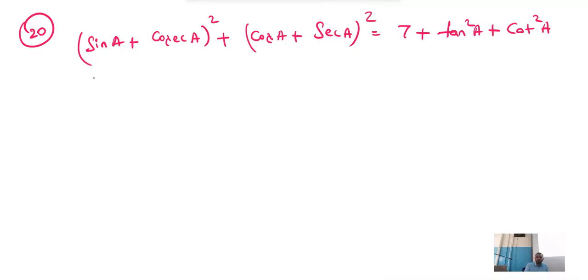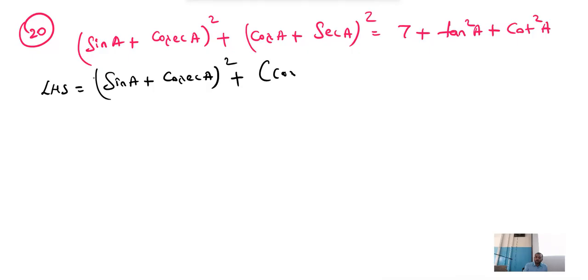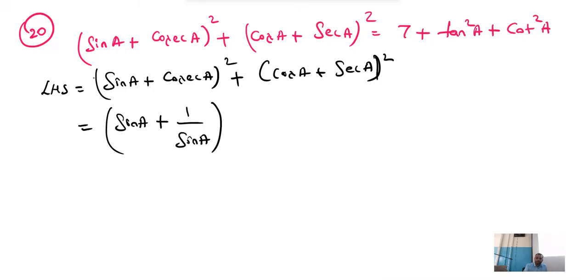Yeah, can you tell me fast? What is LHS? Sin A plus cosecant A whole square, cos A plus secant A whole square. Sin A, anything? Sin A. Plus cosecant A, 1 by sin A, whole square. Cos A. Secant A, 1 by cos A, whole square.